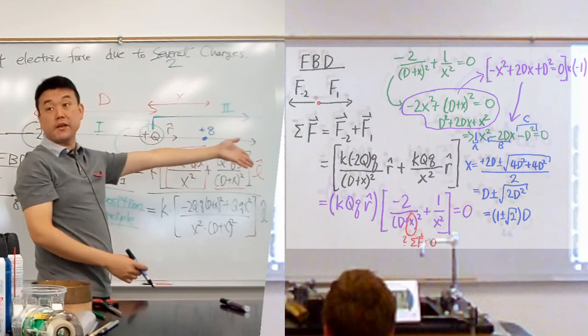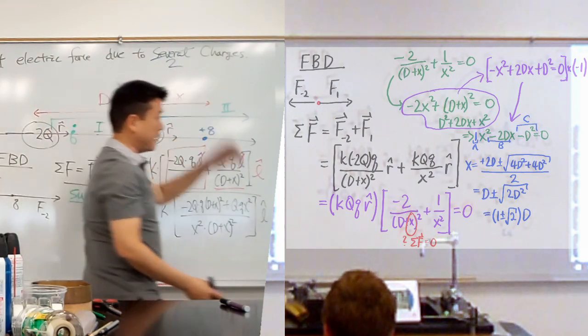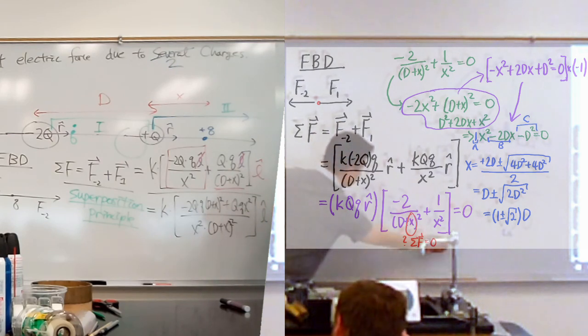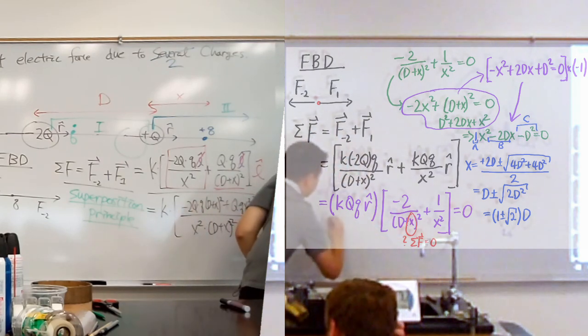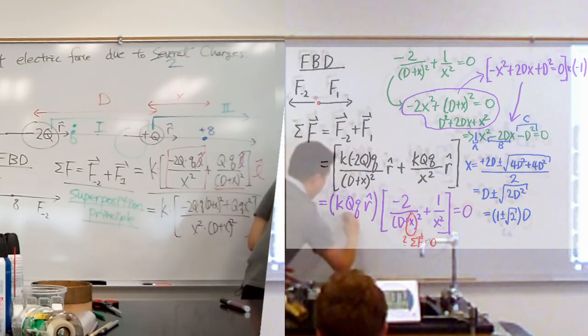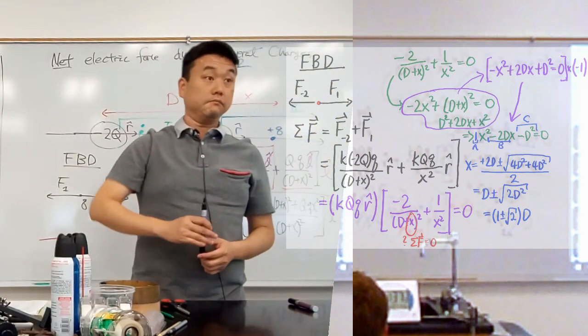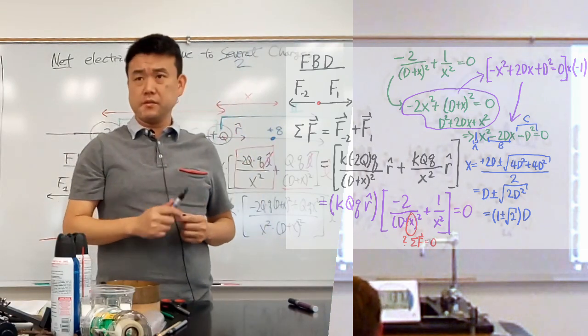So only the positive answer is valid. The actual answer for x, the x that makes all of this happen, is x equal to 1 plus the square root of 2, times d. Right? Everyone okay with this calculation?